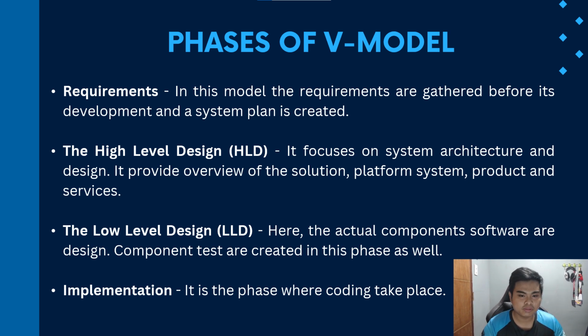So we also have the implementation coding phase. In here, the objective is writing the actual code for the modules as per low-level design specifications. The implementation coding phase is where the actual coding happens and each module is tested individually based on the design and tests defined in LLD.